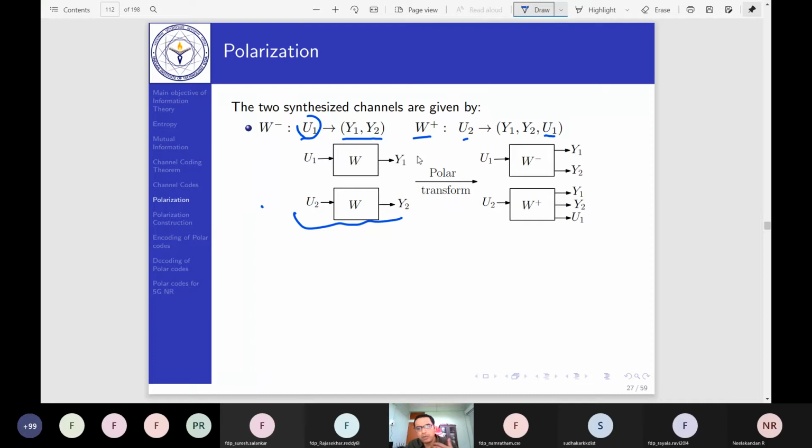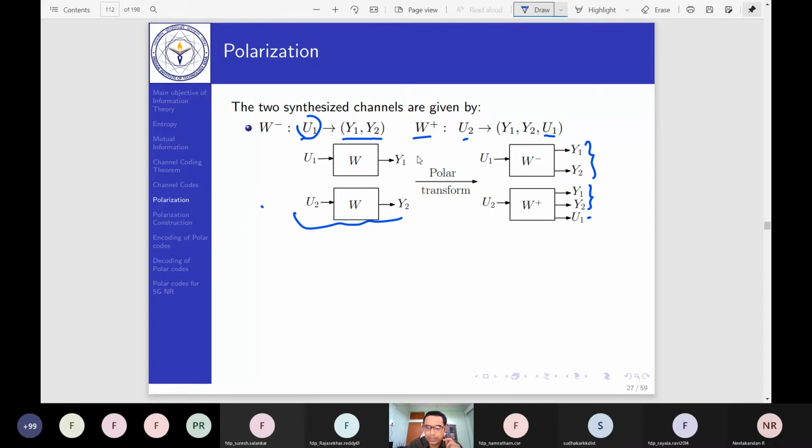That means because of the polar transformation, U1 sees one effective channel W minus and U2 sees an effective channel W plus. For U1, these are the actual outputs, and for U2, these are the actual outputs, and also the previously decoded output is part of the observation.